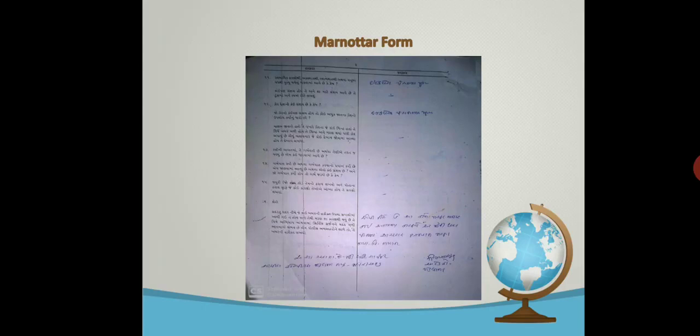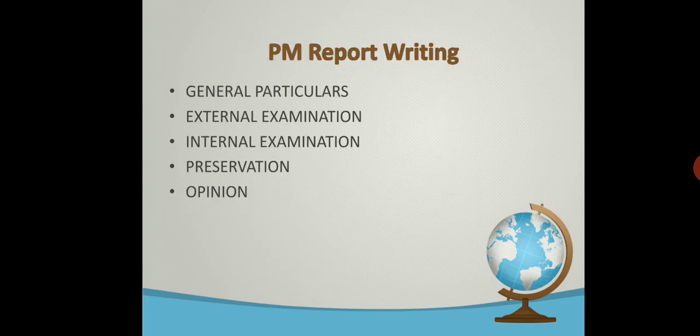Now move onward to postmortem report writing. The postmortem report is composed of five parts: first, general particulars; then external examination; then internal examination. Afterward, on conduction of the postmortem examination, you have to preserve some samples if required by the police, and you have to opine about the cause of death.